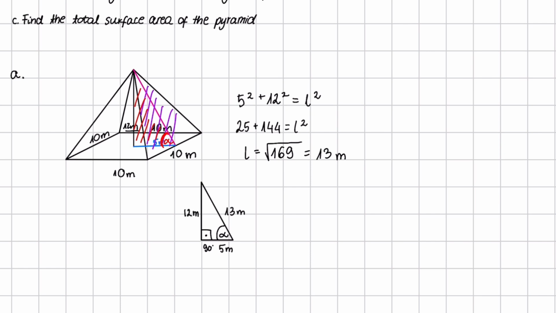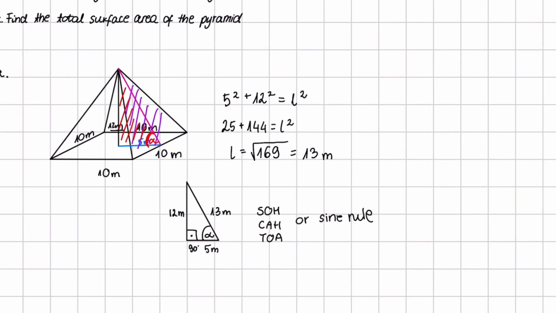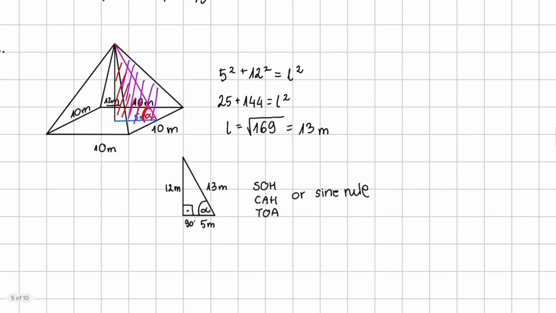And in order to calculate this alpha angle, we can use both the sine rule or the short formulas SOH, CAH, and TOA. So we can, for example, use the sine rule. We are looking for this angle, so we take this side.